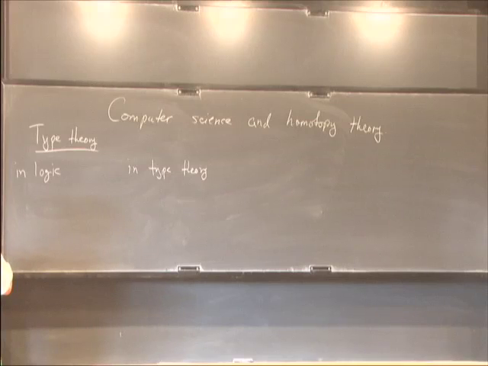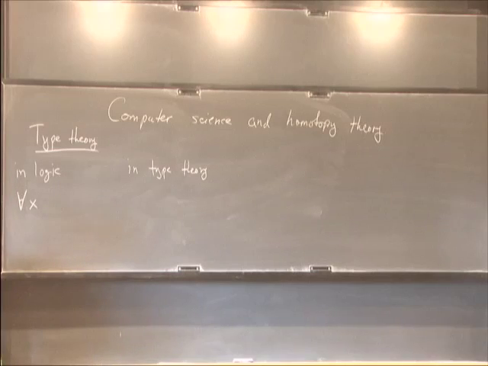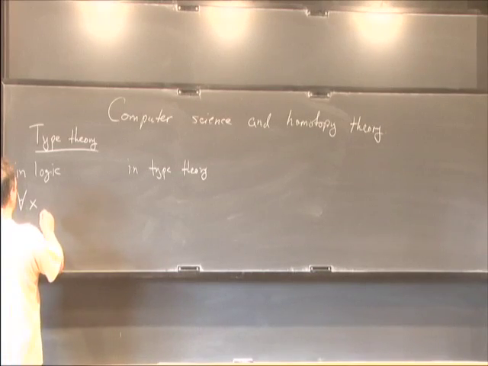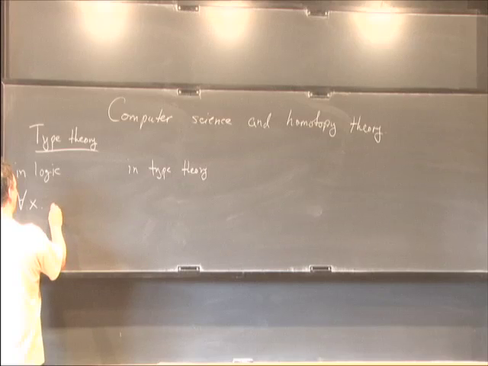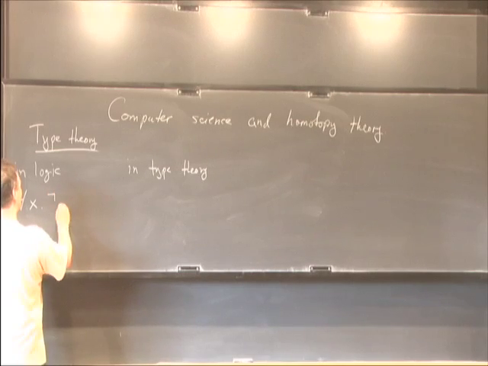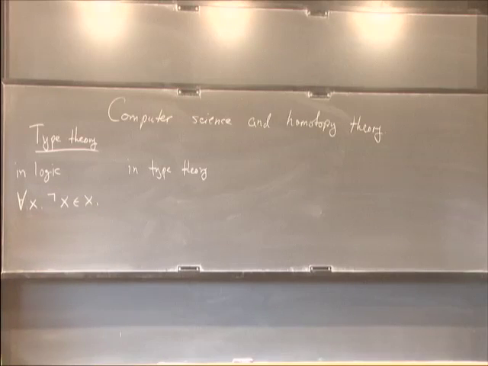A typical logical sentence would look something like this: for all x, let's say in the language of set theory, it's not true that x is a member of x. That would be a sentence of set theory.